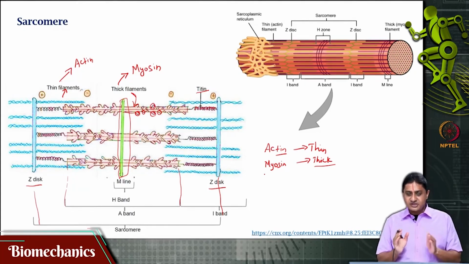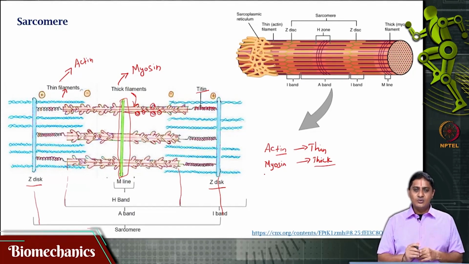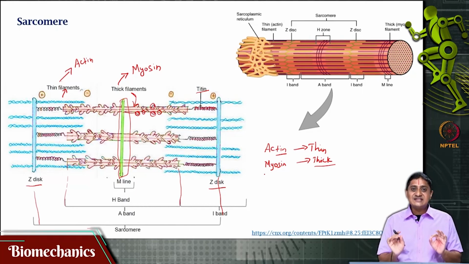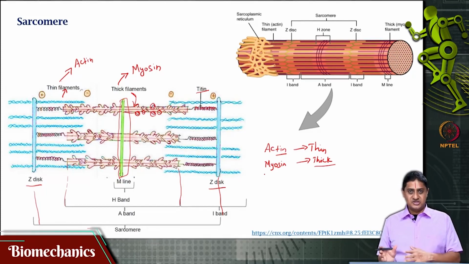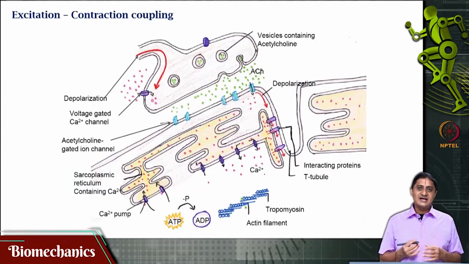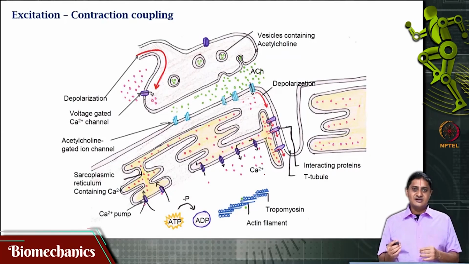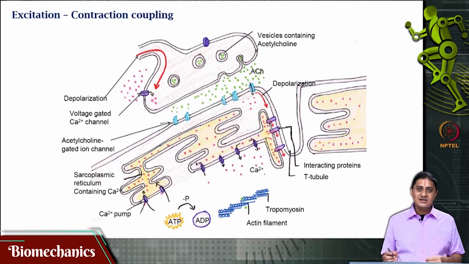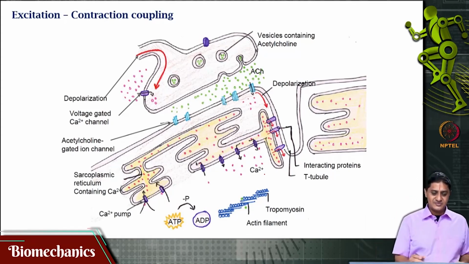So, we restrict our attention to how the command that is received from the neuron is processed in the muscle cell. We are interested in how the muscle cell is converting this electrical signal that is received into a mechanical output. This phenomenon in which an electrical signal is converted into a mechanical output is called excitation-contraction coupling.